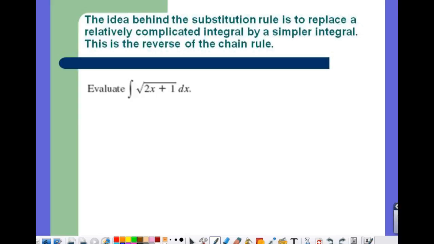At the top of the next page, it says if you integrate f of u du and you integrate f of u dx, are they the same?